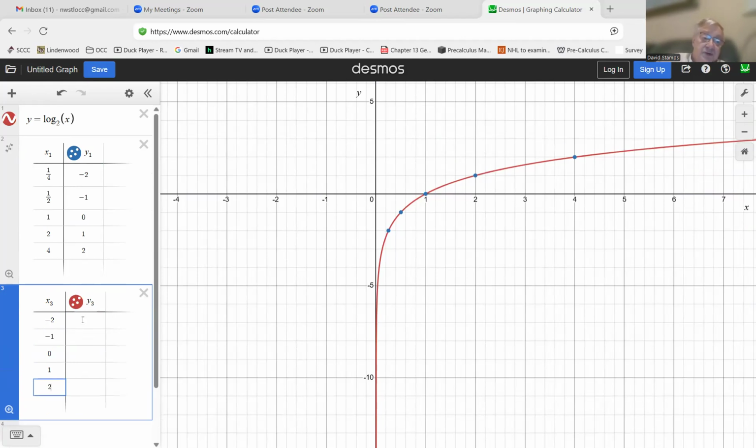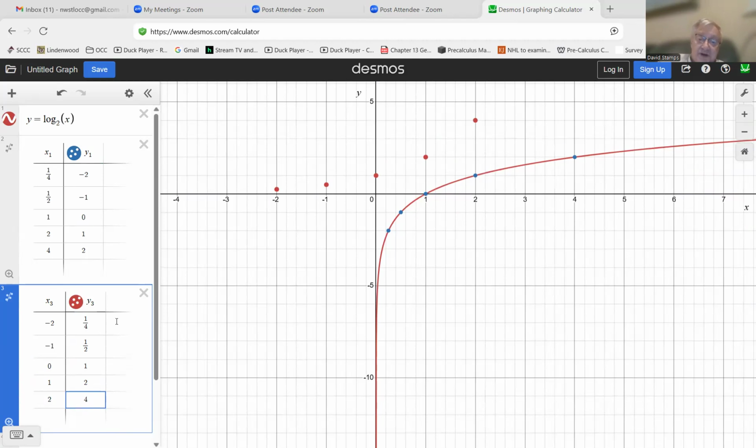And now this is the value of 2 to the x power, an exponential. 2 to the -2 power is 1/4. Here's 2 to the -1, that's 1/2. 2 to the 0 power, anything to the 0 power is 1. 2 to the 1 power is 2. 2 to the 2 power is 4.